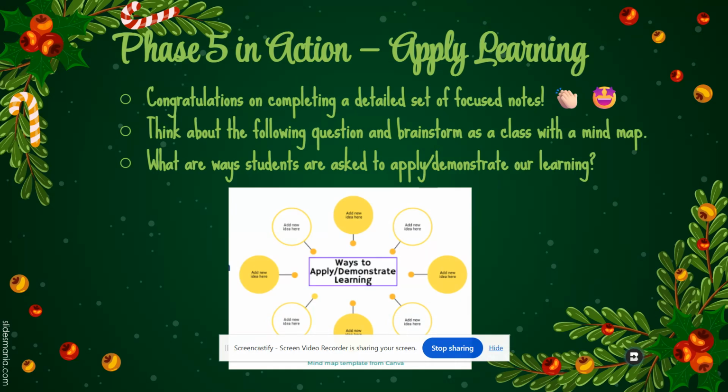So find a place in your packet to answer that question. Go ahead and pause this, find a place, write that question, and write your answers. Just come up with a couple different ways that you apply or demonstrate your learning in your certain classes. Some classes are going to be different than others, okay? So pause right now, go ahead and answer that question, come back when you are done.